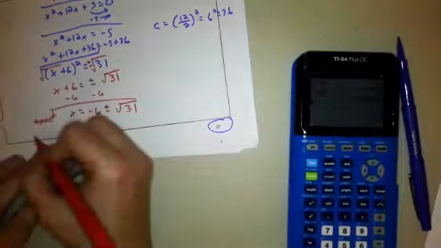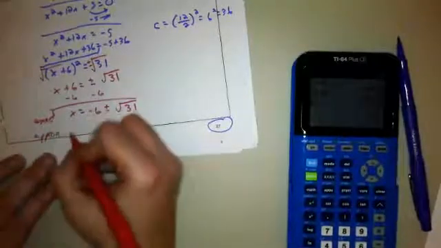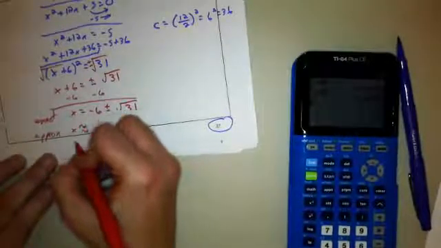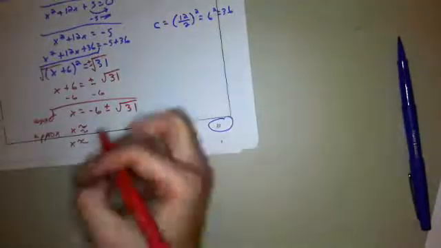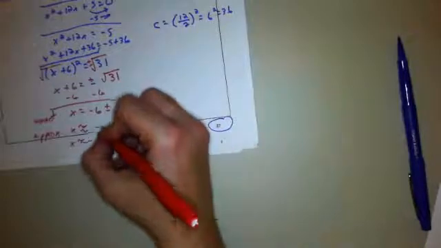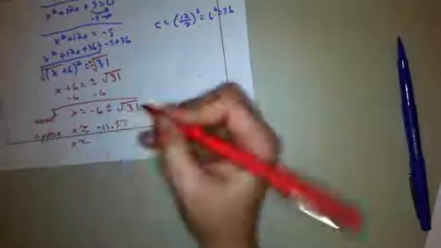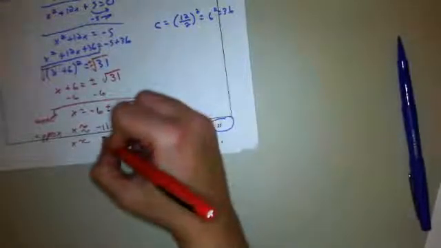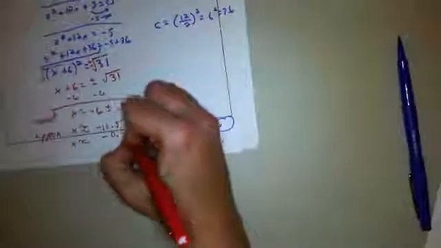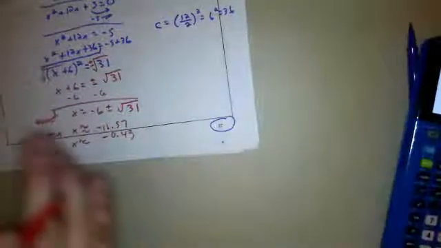If I want my approximate answer, I'm going to do that in my calculator. You can do that yourself. I'm going to get x equals -11.57, and x equals -0.43. Let's go to the next page.